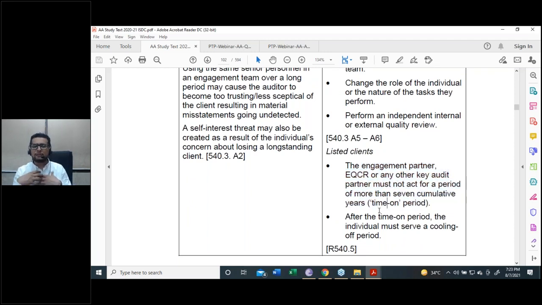If I'm the engagement partner of, let's say, Microsoft, I can do audit for 2 years, 3 years, 4 years, 5 years, 6 years, max 7 years. I can't continue my relation for the 8th year. If a familiarity threat is created, let's say in the 3rd year or the 4th year, I need to be removed. But if there is no familiarity threat whatsoever, even then the maximum time allowed is 7 years.